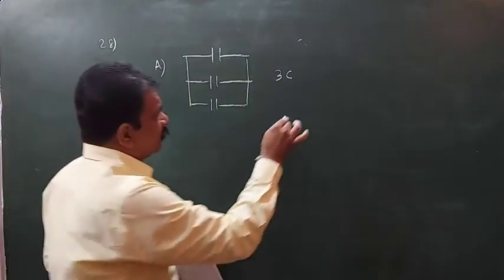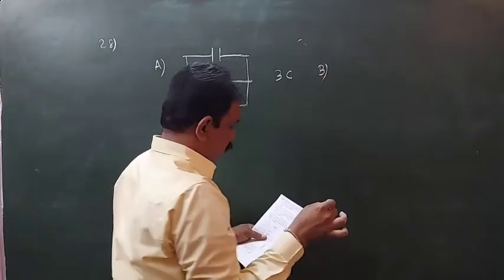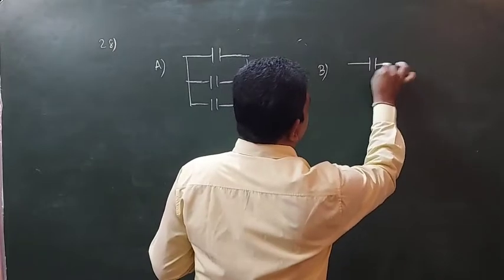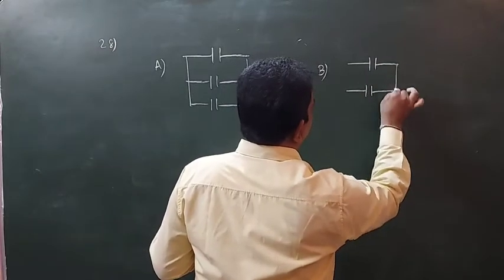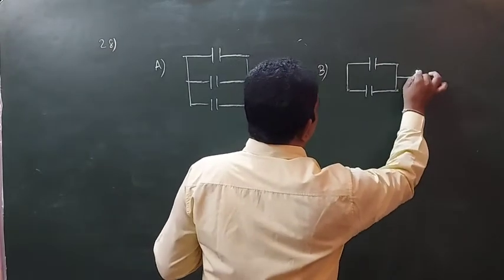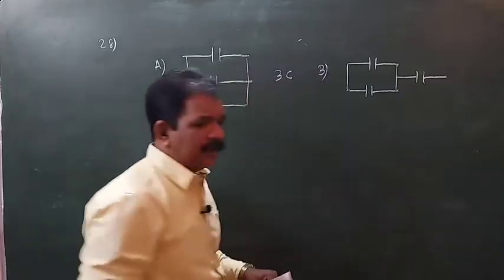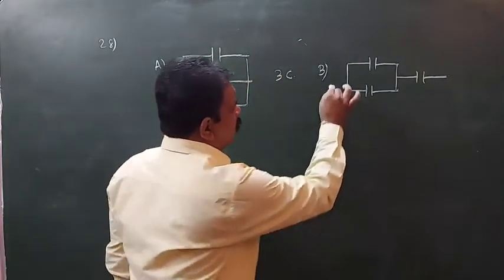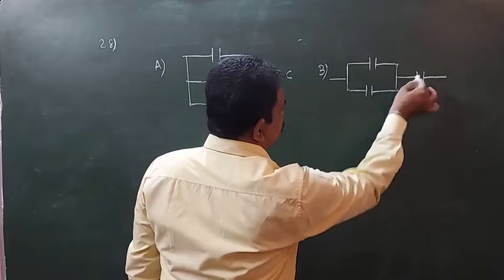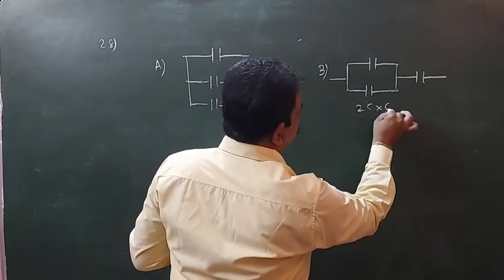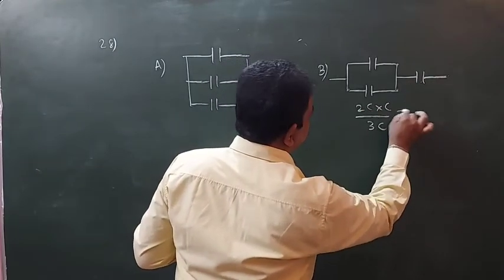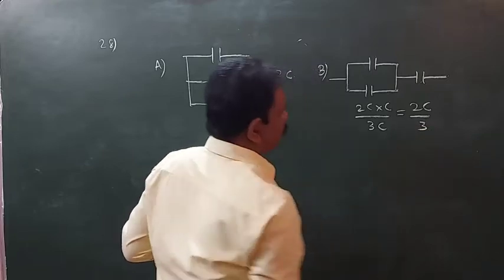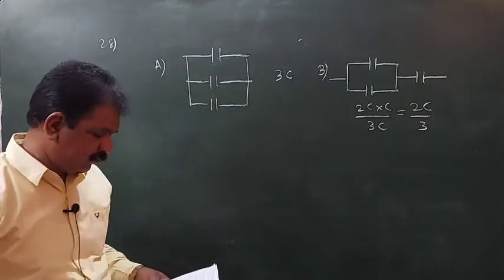Next, B. Two are in parallel, and this one will be in series. The effective of these two will be 2C. This is in series with C: 2C into C by 3C, this will be 2C by 3.